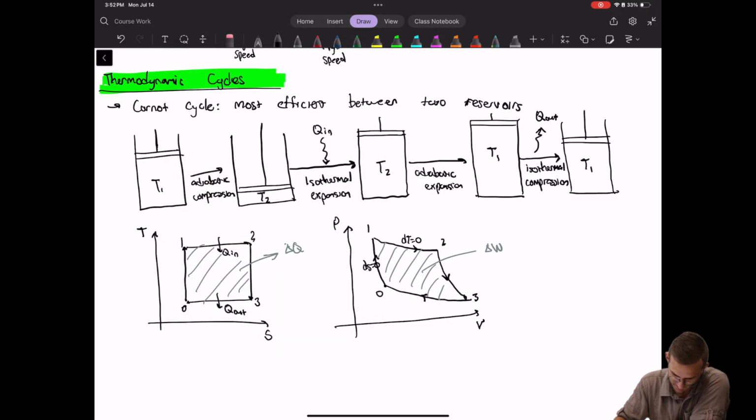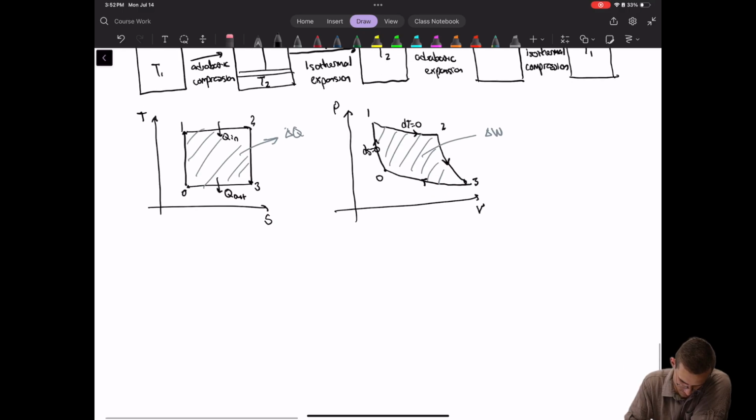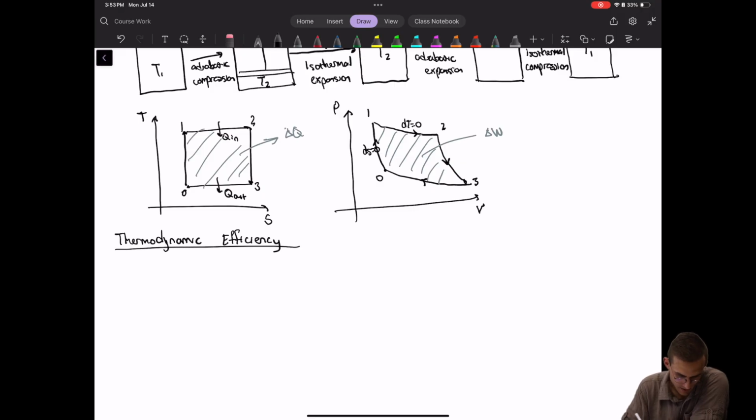So what about efficiency? What we'll call thermodynamic efficiency. So our net work out is going to be equal to Q in minus Q out, right?